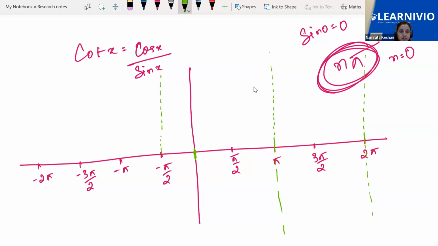Integral multiples of pi we are saying. So at minus pi it is not defined, and at minus 2 pi also.